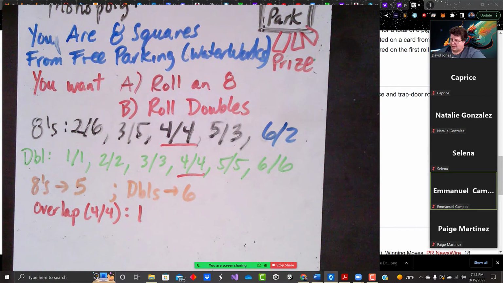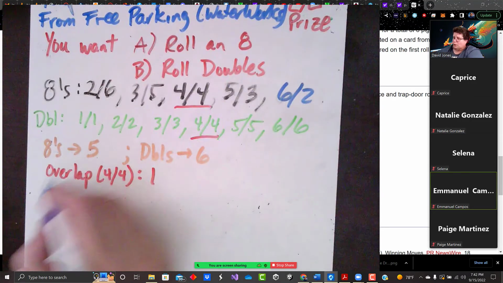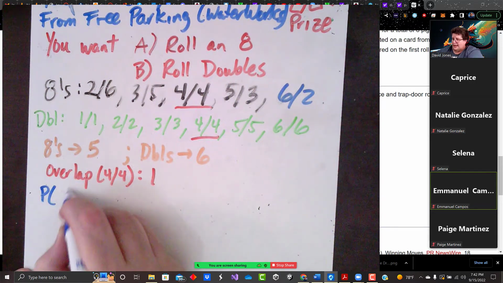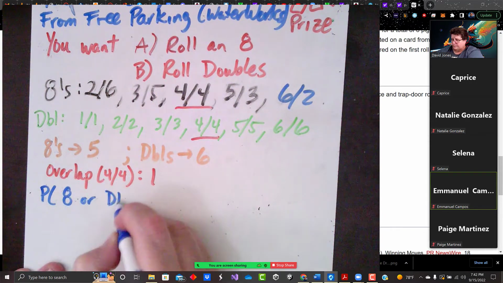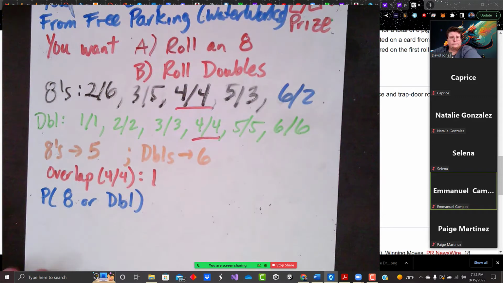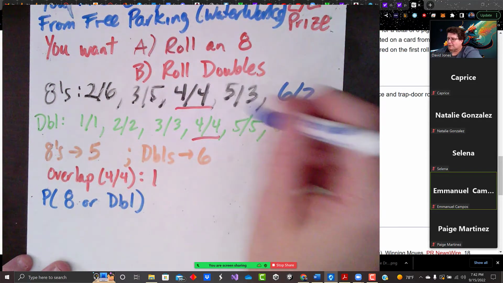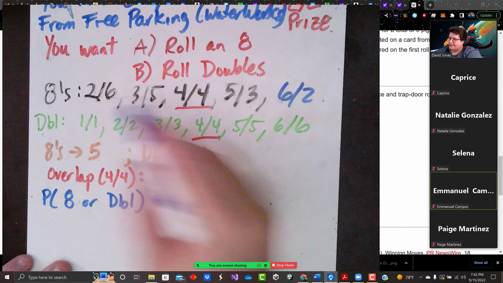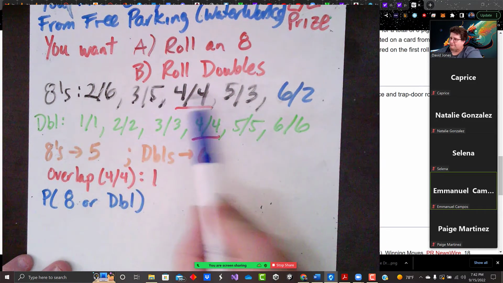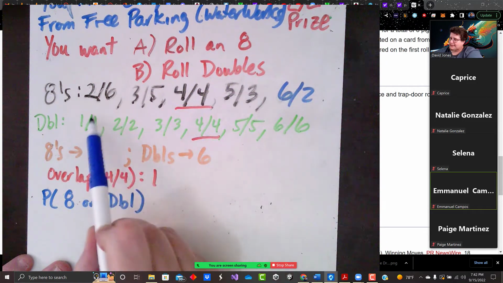So this is where the ors come in. If I say the probability of rolling an 8 or doubles, I could either add up the total number of events that happen. Of these, there is 1, 2, 3, 4, 5, 6, 7, 8.